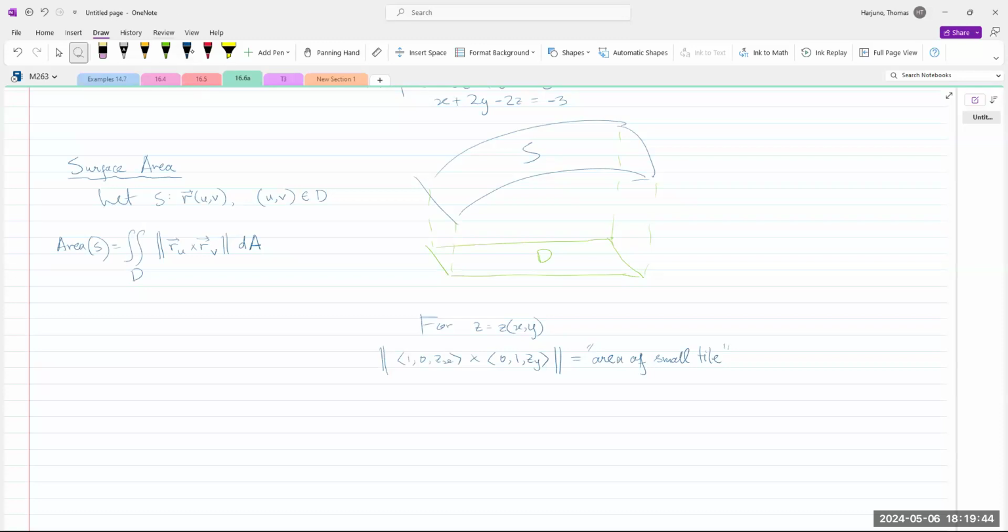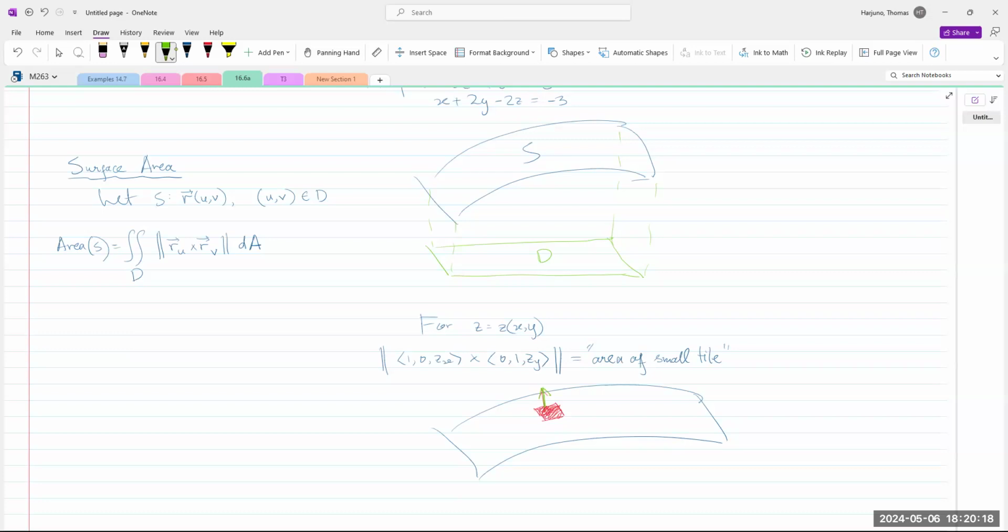Like let's say this is the surface, maybe a bit bent, and that gives us the area of a small tile. The area of this tile is equal to the length of this normal vector. So to find the total area of that surface, we basically add up the area of those small tiles together.